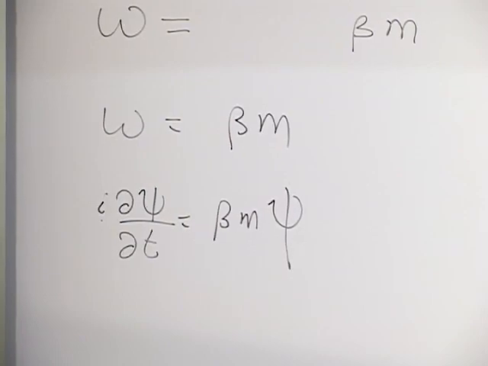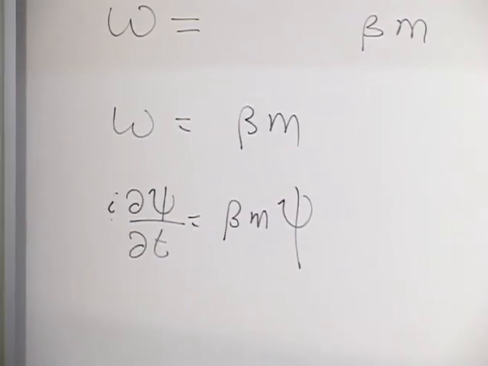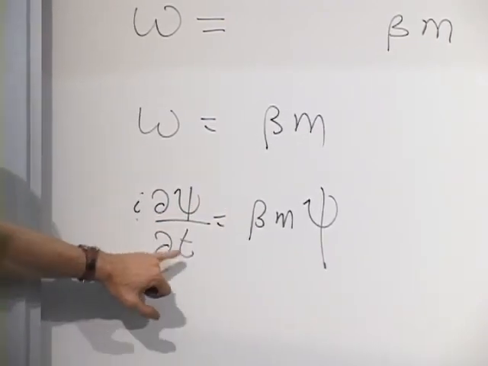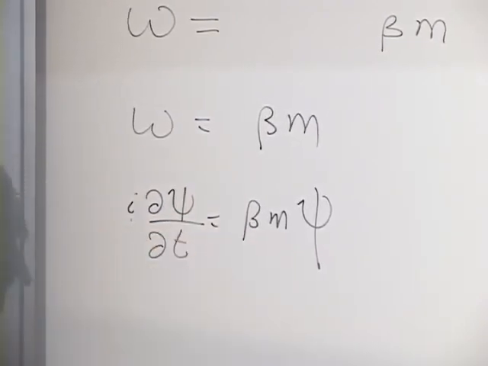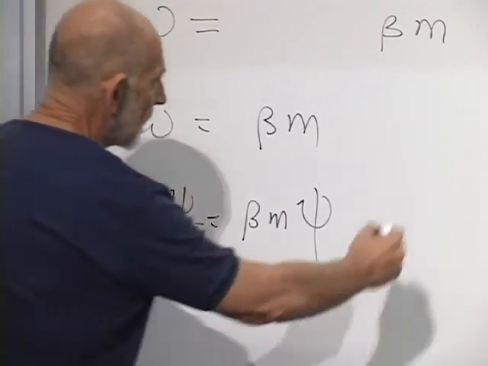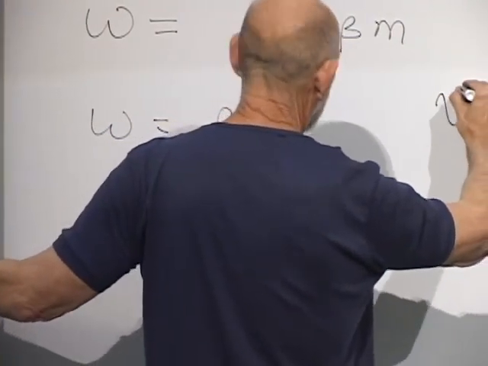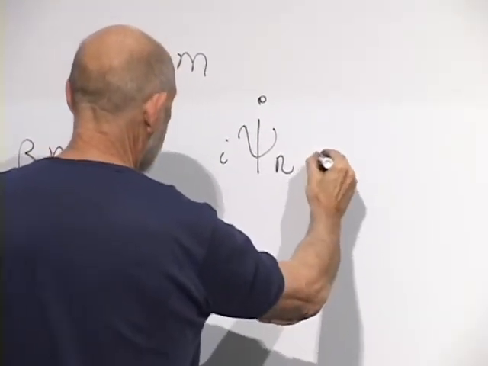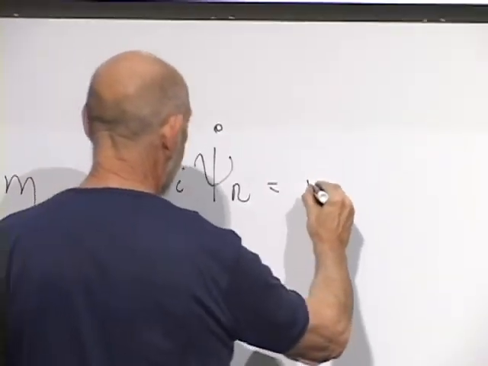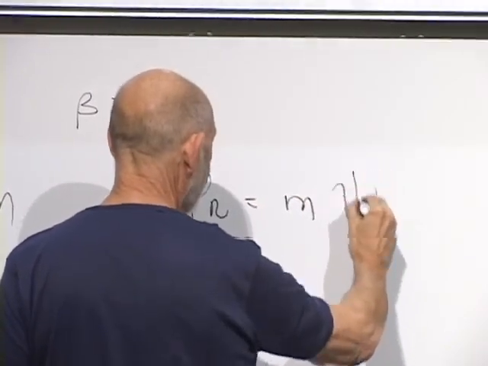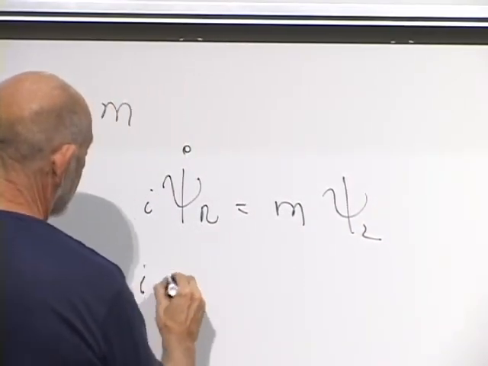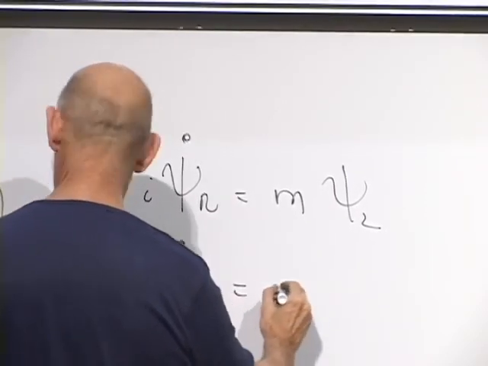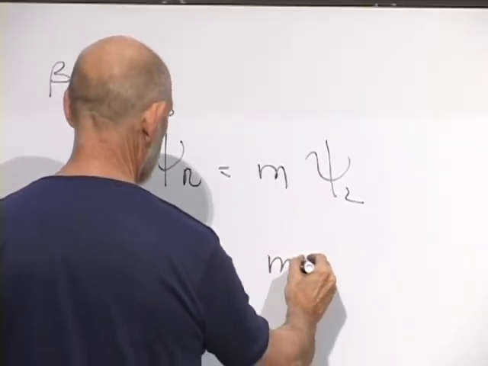So for a particle at rest where we can throw away the space variation, the Dirac equation just becomes I d psi by dt is equal to beta m times psi, or to write it another way, I psi right dot is equal to m psi left and I psi left dot is equal to m psi right.